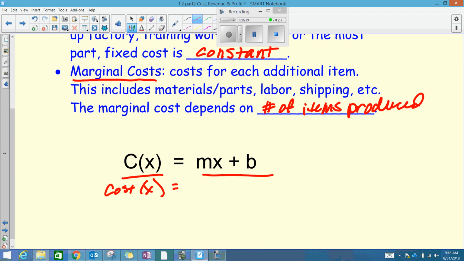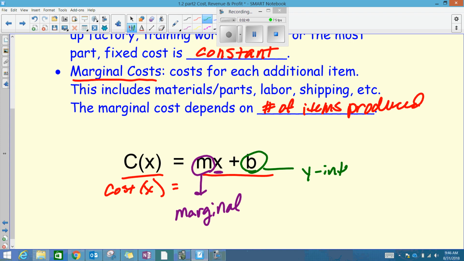When we want to match marginal and fixed cost to this equation, the m represents the marginal cost, because m gets multiplied by x, so for every product we make, which would be our x values, we have to multiply it by how much it costs to make that product. So that's our marginal cost. The constant b, or the y-intercept, represents our fixed cost, because that doesn't change no matter how many items you make. Your fixed cost is just the initial output to start the process.